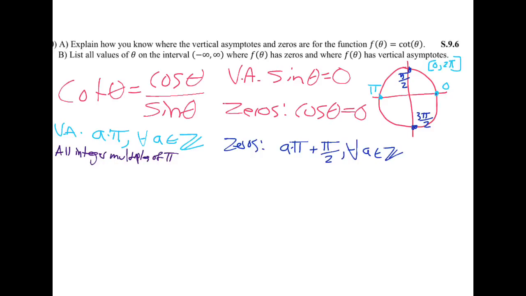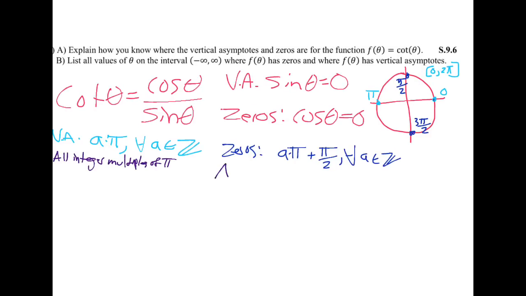So this is going to be all integer multiples of pi plus pi over 2. Because again, think about what happens if a is 0. If a is 0, a times pi is 0, and we add pi over 2, we're straight up.